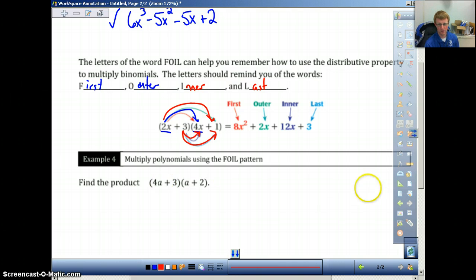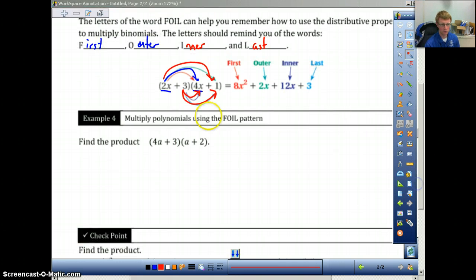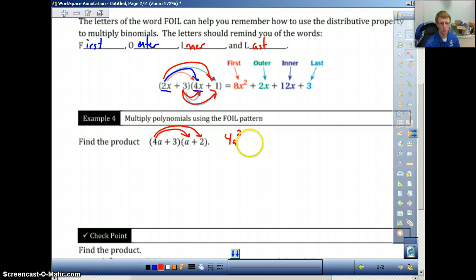So let's look at this example. First will be 4a times a, which is 4a squared. Outer is 4a times 2, which is 8a. The inner is going to be 3 and a, which is 3a.